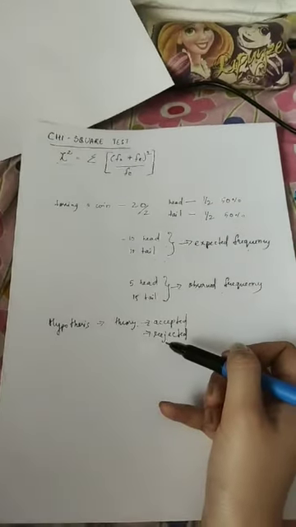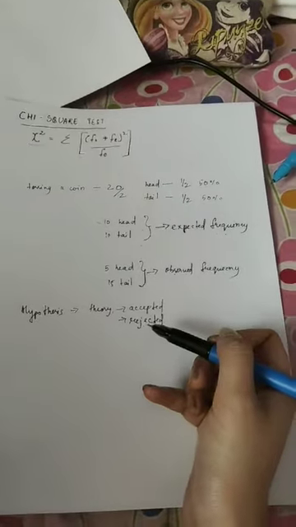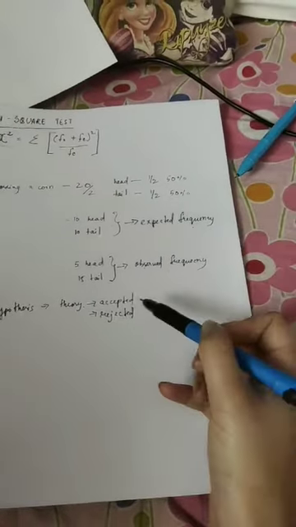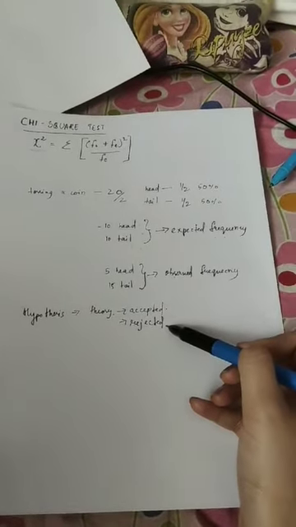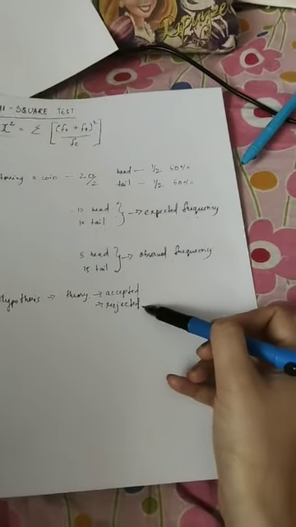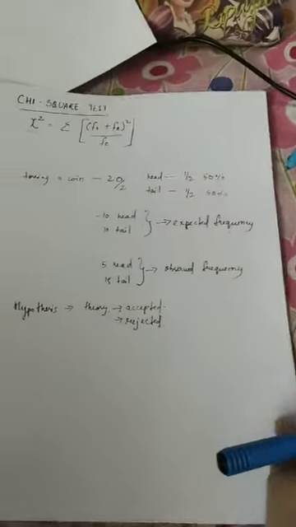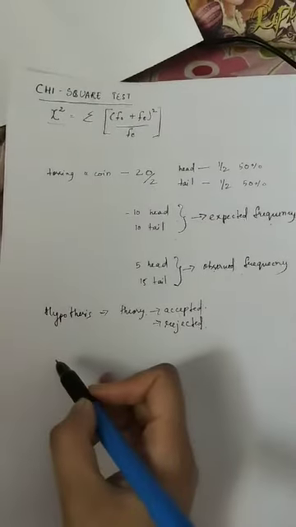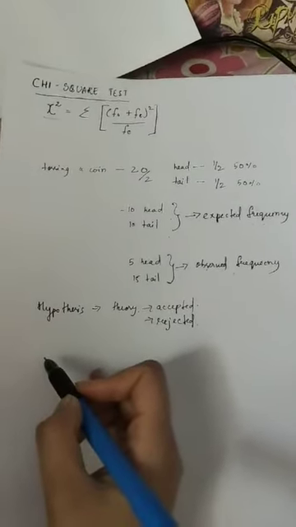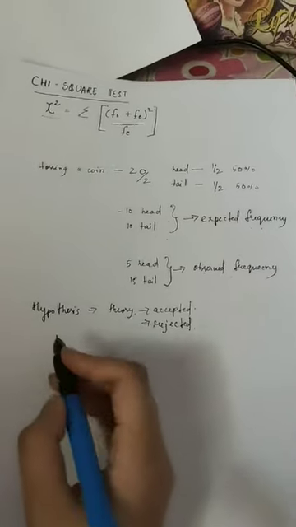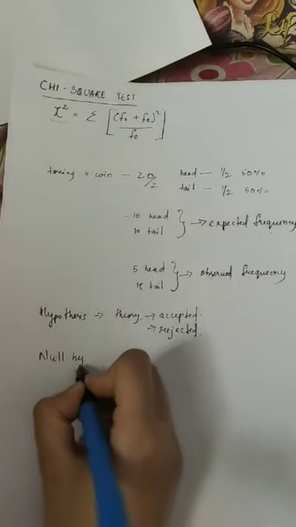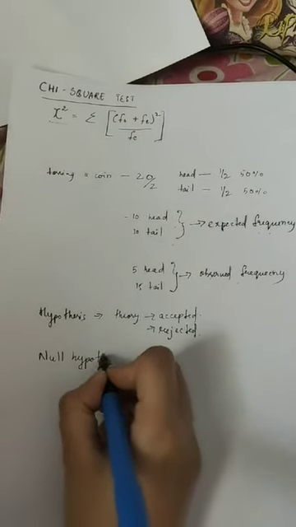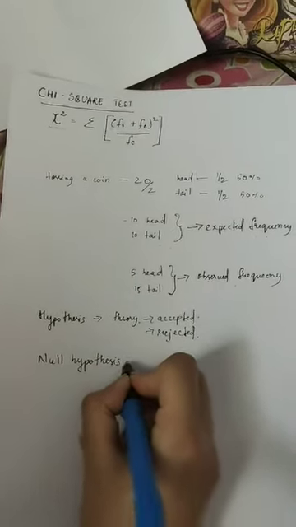Using chi-square, we can know whether the formed hypothesis is accepted or rejected. Another kind of hypothesis that we form in chi-square is the null hypothesis.